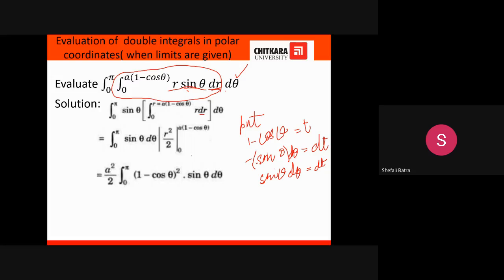Now check the limit. If theta is equal to pi, then t is equal to what? Tell me beta, what will be the t?